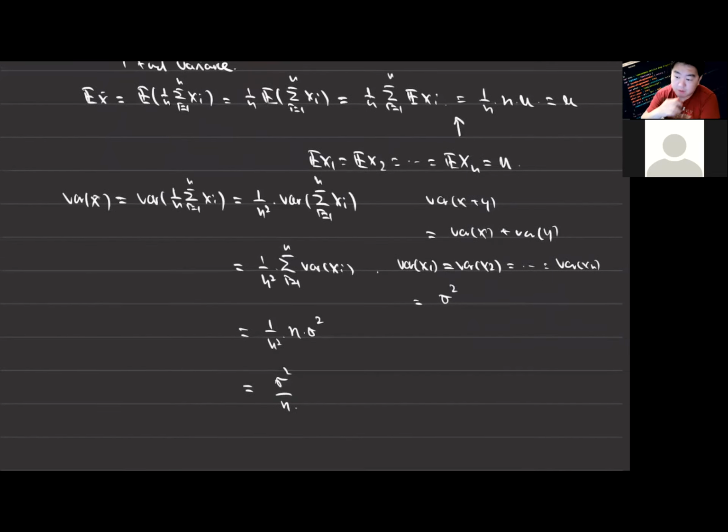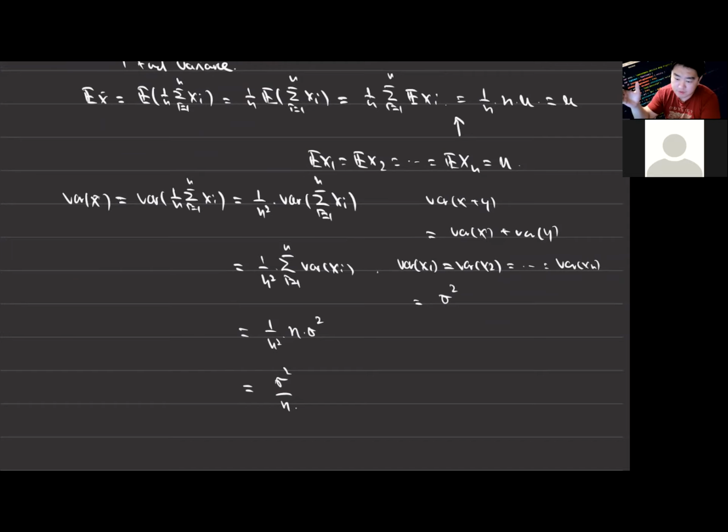So essentially the conclusion here is that the variance of your sample mean X bar is sigma squared, which is the variance of your original distribution, divided by a factor of n. In other words, it's consistent with our intuition, right?